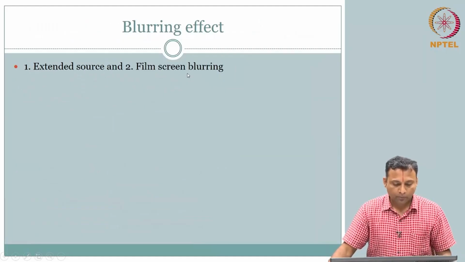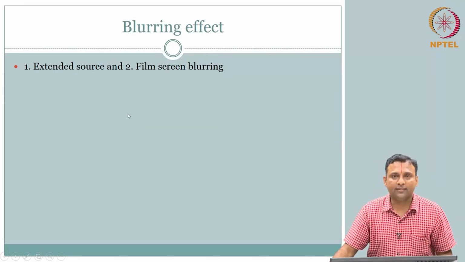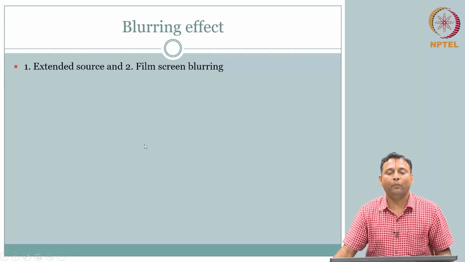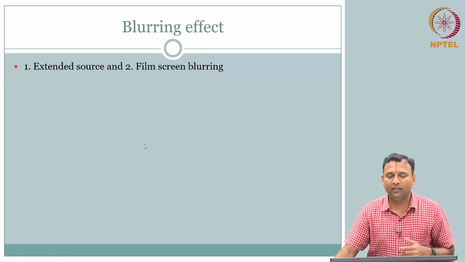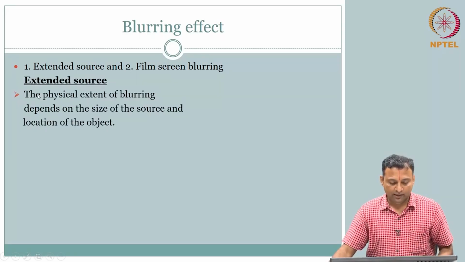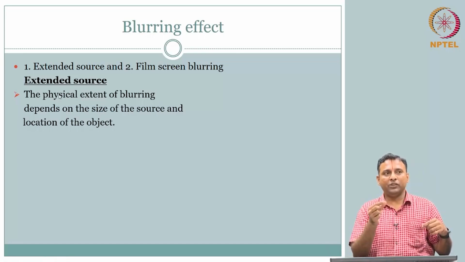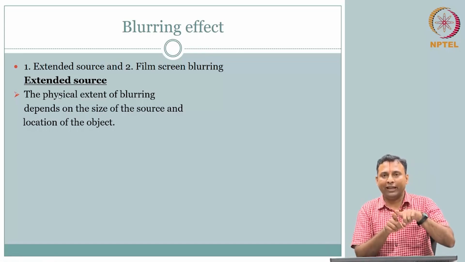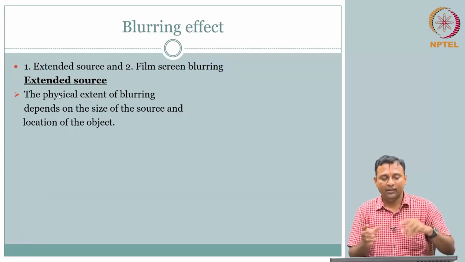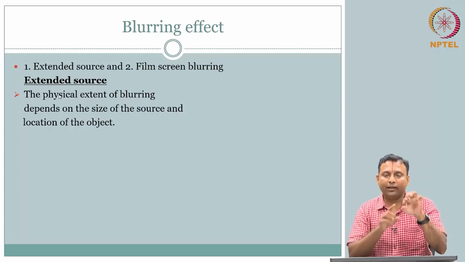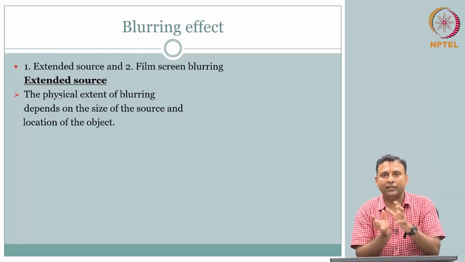So first is the extended source. As the name suggests, it is not a point source. You have a source that is extended. We talked about a diverging wave so far. There is a point source and it goes at different angles, mostly cone shaped.